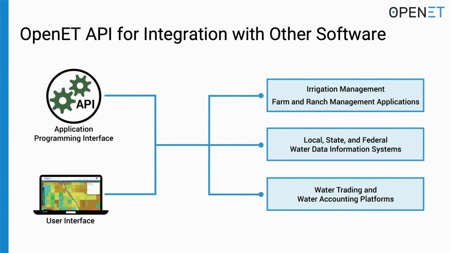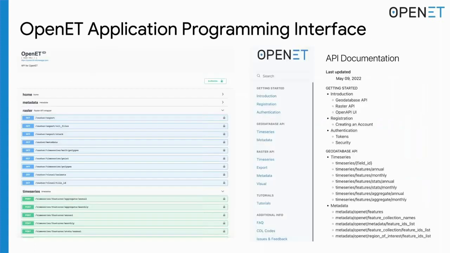So whether that is software for irrigation and nutrient management or other farm and ranch management software applications, whether those are water data information maintained at local, state, federal, and tribal agencies, or water trading and water accounting platforms that are being developed in irrigation districts and watersheds across the West.